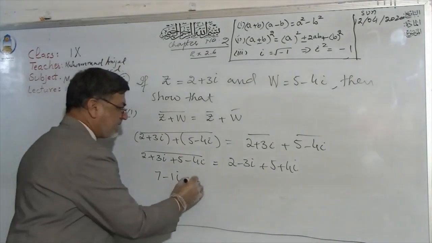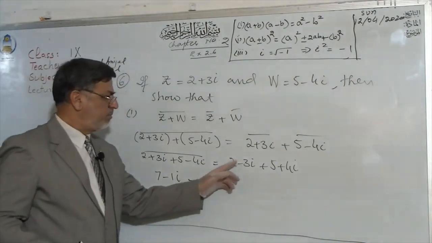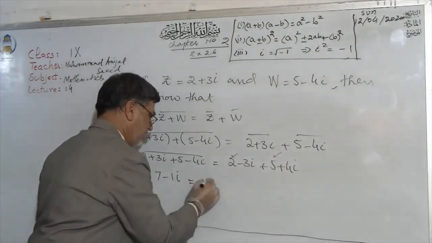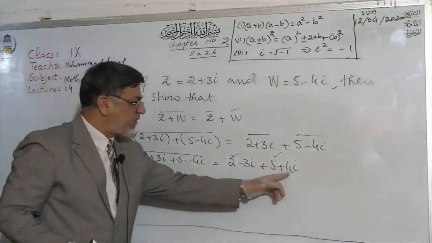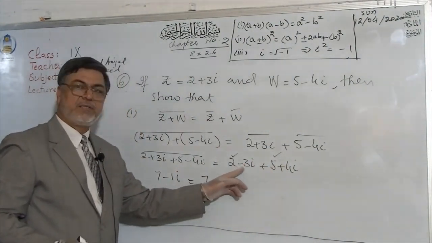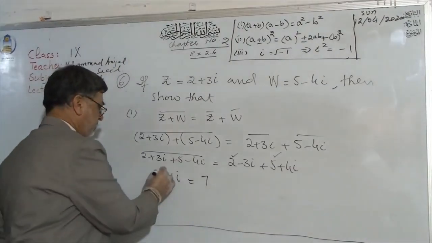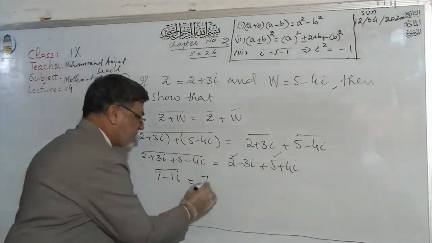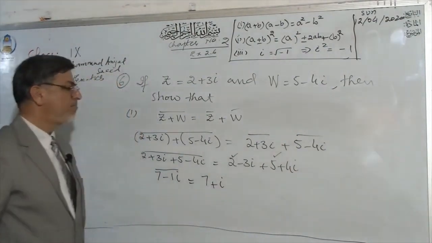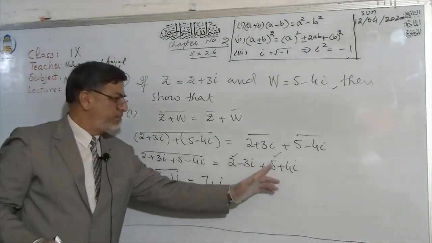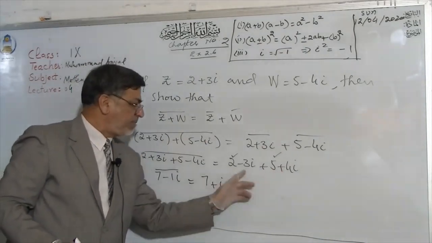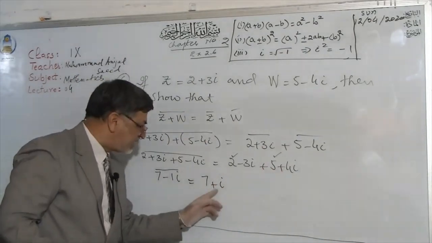And here is 2 plus 5, real plus real, 7, plus 4 iota minus 3 iota is plus iota. Because we have 4 as the greater number and its sign is positive, you subtract and the sign of the bigger number is written here.